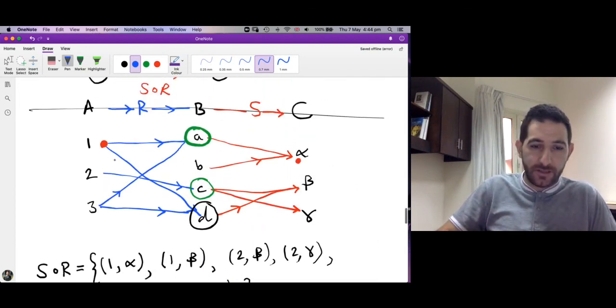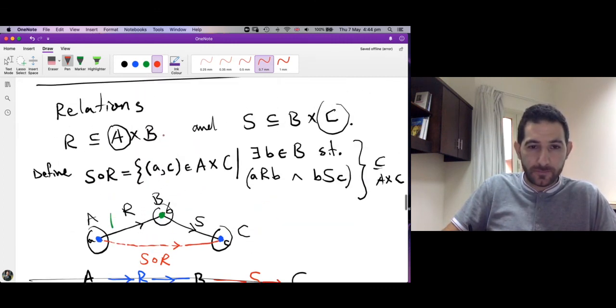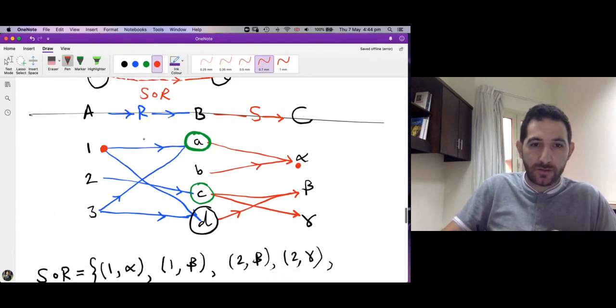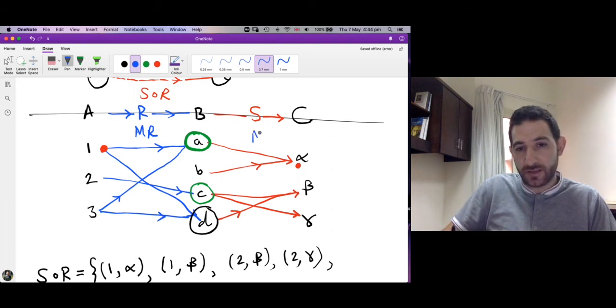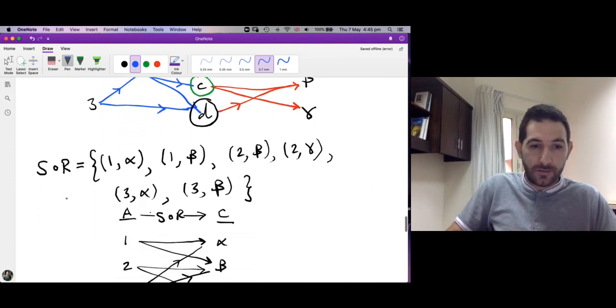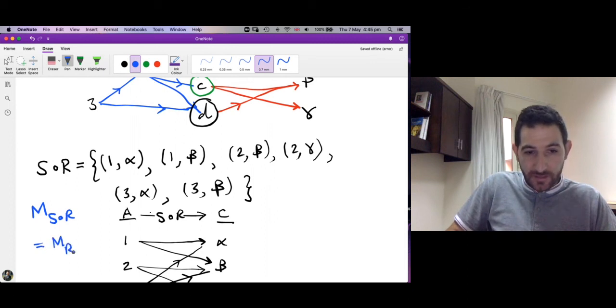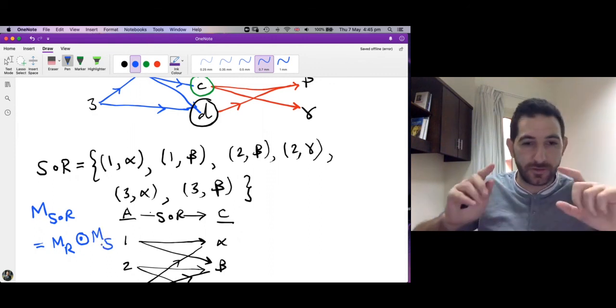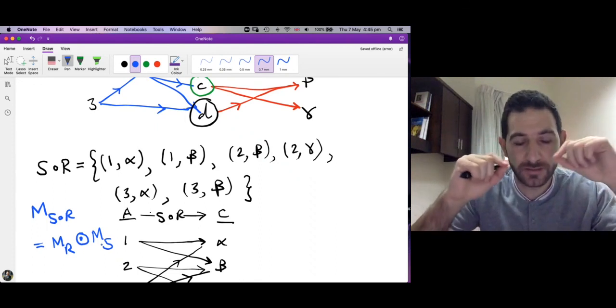Okay, so you can check it here. Write MR from R. The blue arrows are R. We can write the matrix MR representing this relation, and from the red arrows you can get MS. And then the matrix representing the relation S composed with R will be equal to the matrix representing R Boolean product the matrix representing S. You should remember what is the Boolean product of two Boolean matrices.